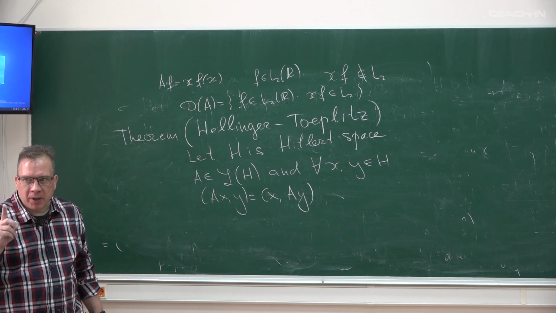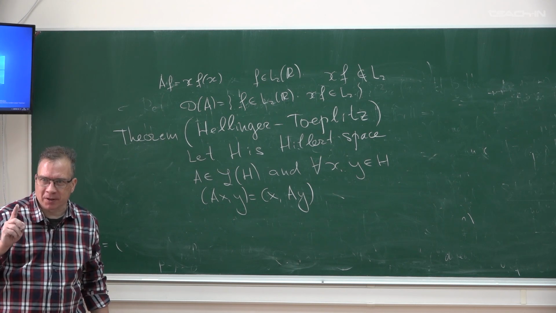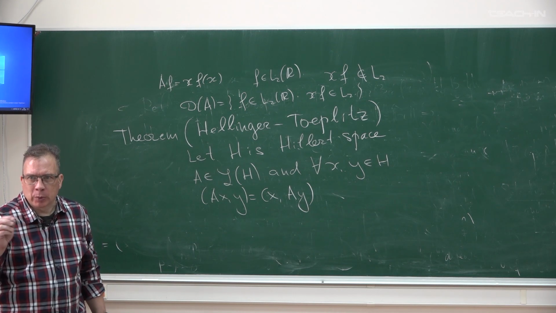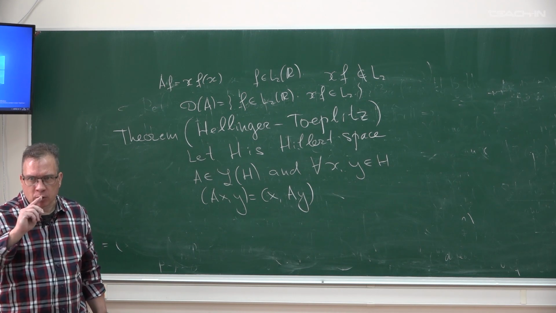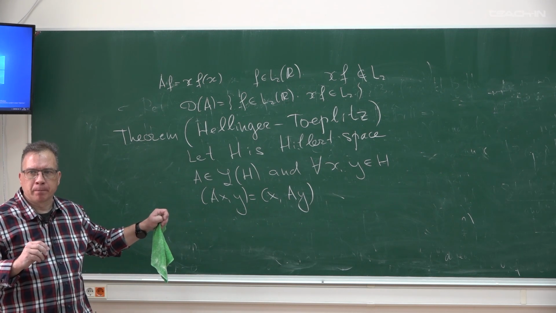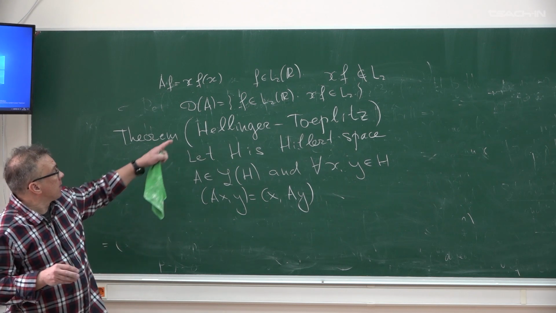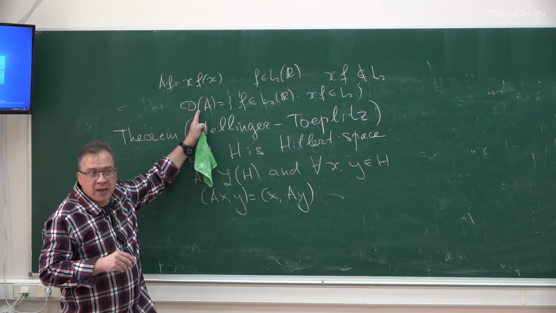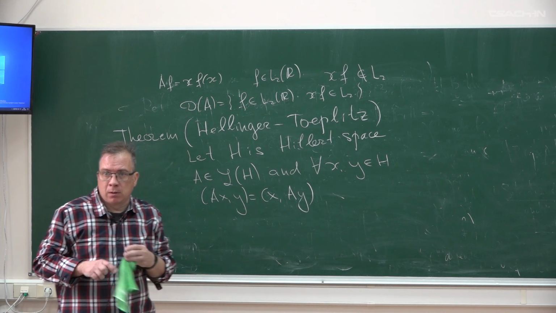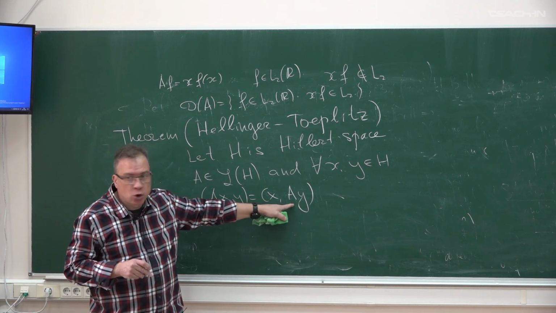For unbounded operators, this is not a self-adjoint operator. Later we will discuss it in detail, but for unbounded operators, this is not the definition of a self-adjoint operator. Because, as I said, an unbounded operator must have a domain.